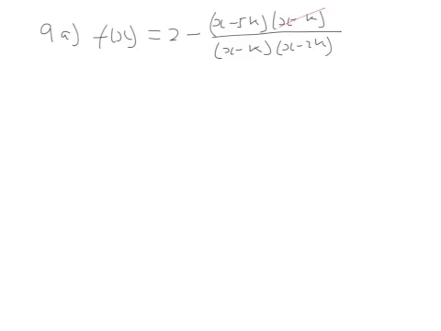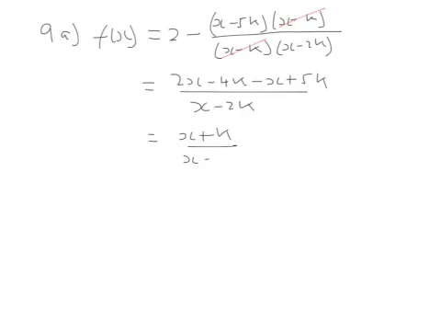So the x minus k's cancel, and then we can write everything over x minus 2k. So it's 2x minus 4k minus x plus 5k. Be careful there, we've got a minus sign there makes a plus. So that's x plus k over x minus 2k, proof complete.